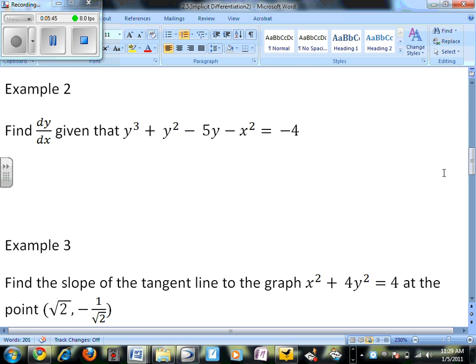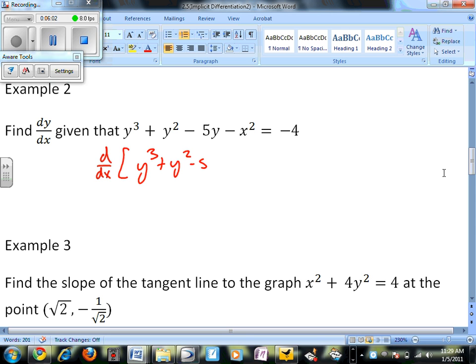Example 2. Find dy dx, given that y cubed plus y squared minus 5y equals that equation right there. Our guideline said to take the derivative with respect to x of both sides. So I'm going to take d dx of both sides. When I take it with respect to x, I have to do the chain rule.